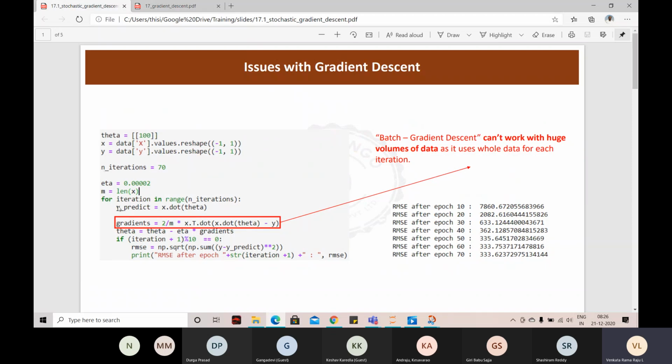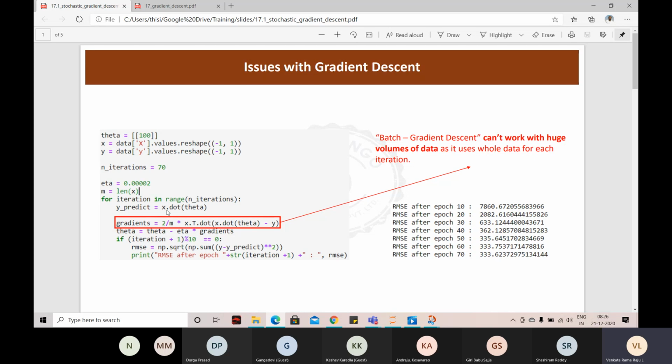What is n_iterations? 70. Range of 70 is going to give 70 numbers, 0 to 69. I took an iteration number here. No need to take it, but I took it just to show you the iteration count.